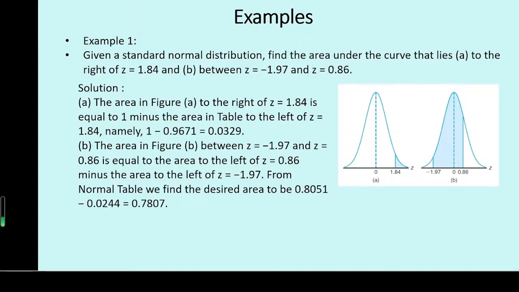So the shaded area is 1 minus this part, which equals 0.0329. For question B, the area between z equals minus 1.97 and z equals 0.86 is equal to the cumulative probability up to 0.86 minus the cumulative probability of z equal to minus 1.97.